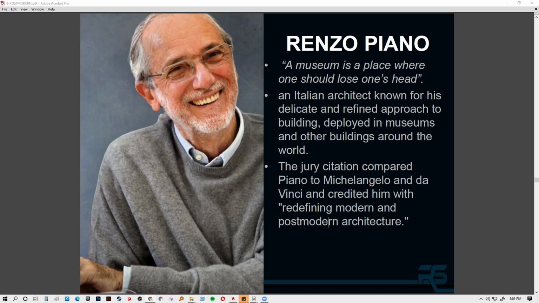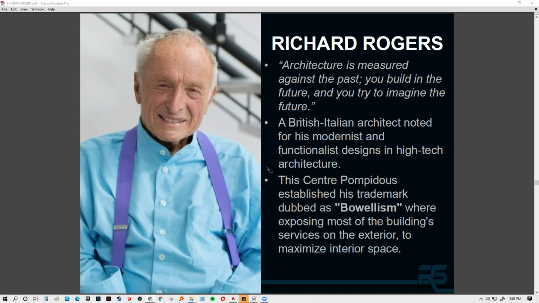He has a masterclass; if you're able to check him on YouTube, he has very good talks. He is compared to Michelangelo and Da Vinci, credited with redefining modern and postmodern architecture. His approach is really distinct if you check his sample works, and mostly they are museums.